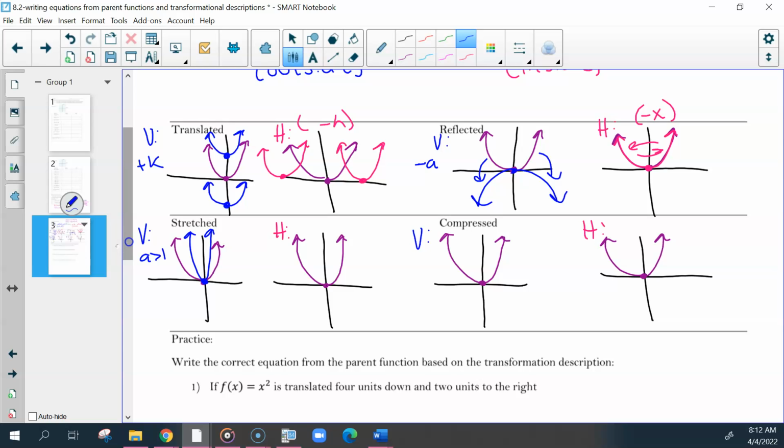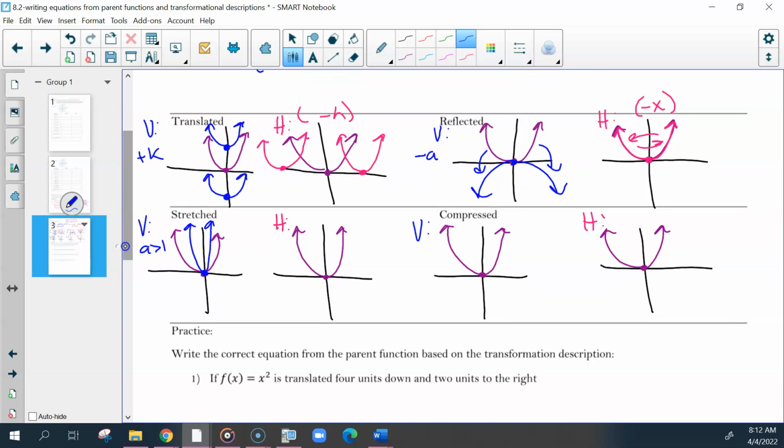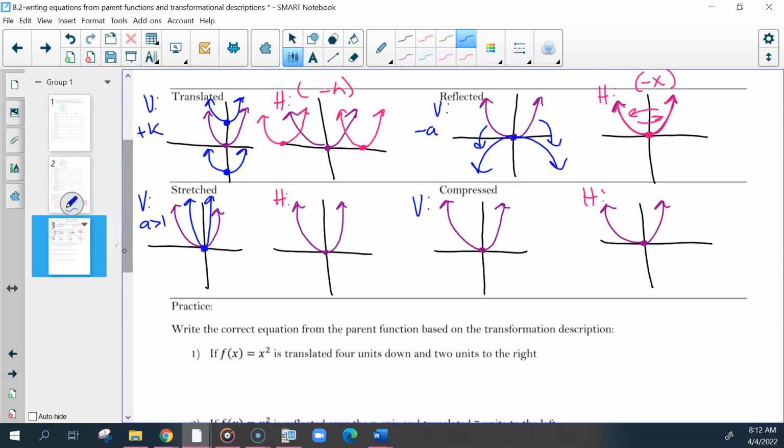If A is greater than 1, then it's some number bigger than 1, and it vertically stretches. So if you were writing a description for this, you can say this is stretching towards your y-axis. I'm going to write that as a small note. So that's why it's getting narrower, because it's stretching towards your y-axis.